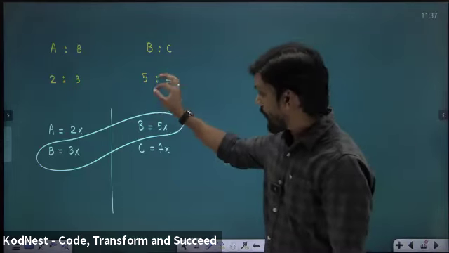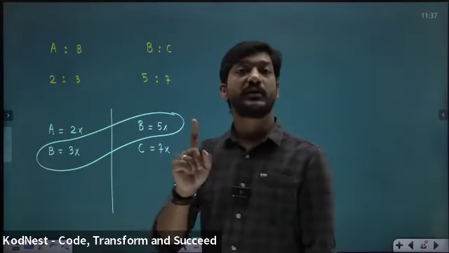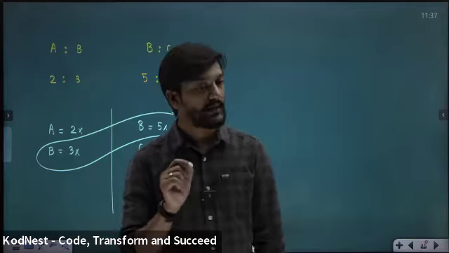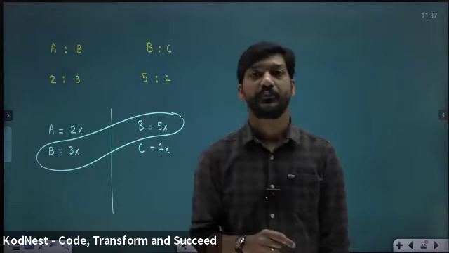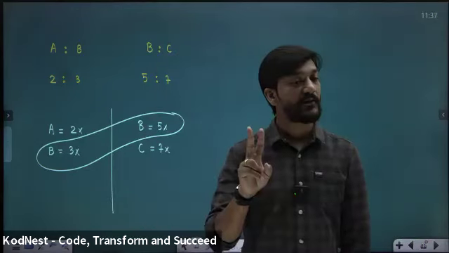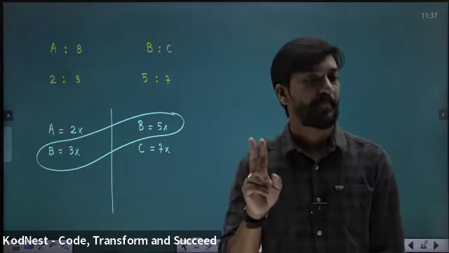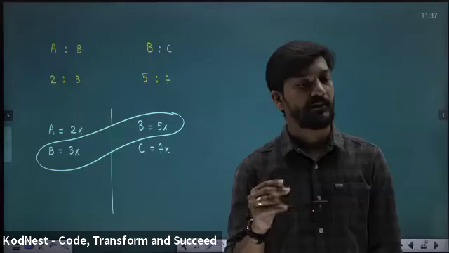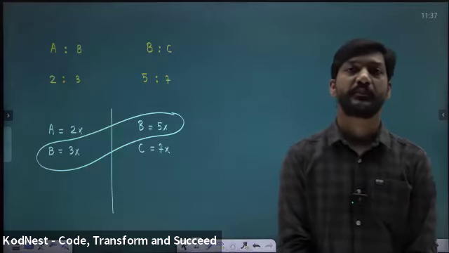Anything should have one single value. So B is having two values. Does it make sense that B is having two values? No, it is not making sense.